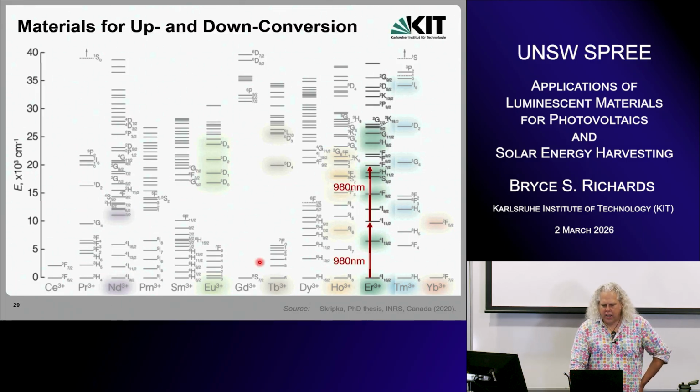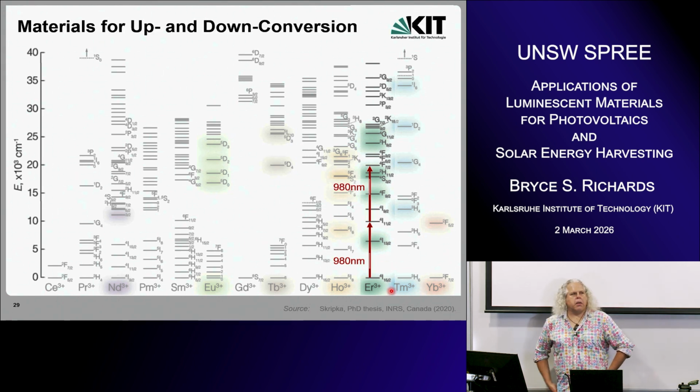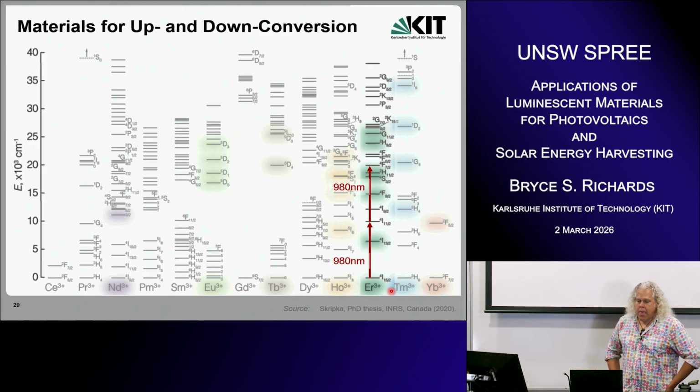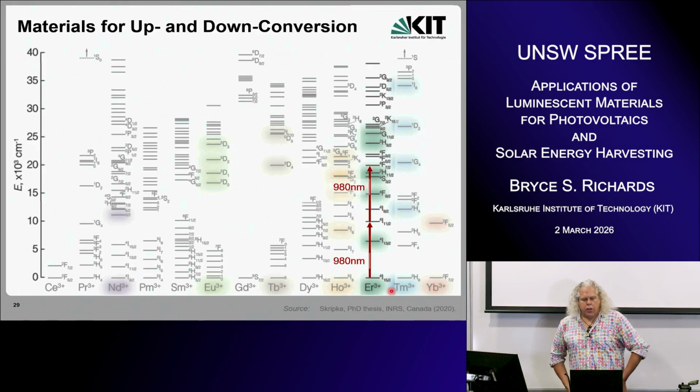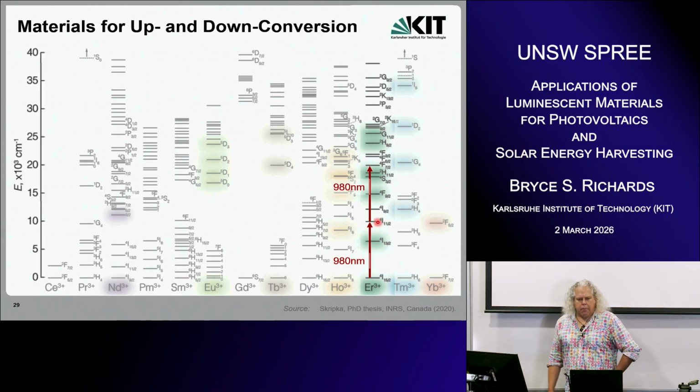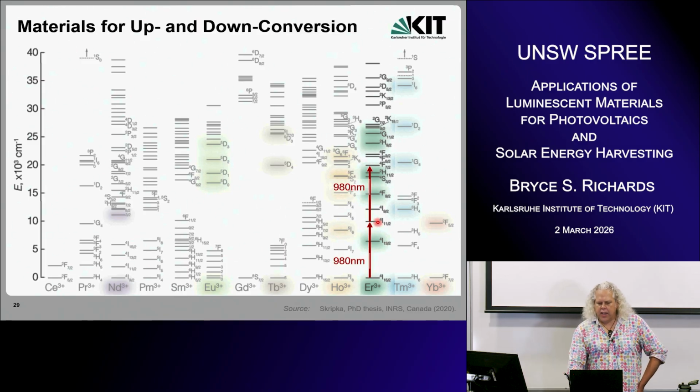We're largely interested in this ladder-like structure of erbium. Now, erbium you might know as well from telecommunications, largely used at 1550 nanometers. And here what you notice is the ladder-like structure enables you to have a 980 nanometer photon putting an electron in an excited state, and then you can do that again and you reach another excited state.